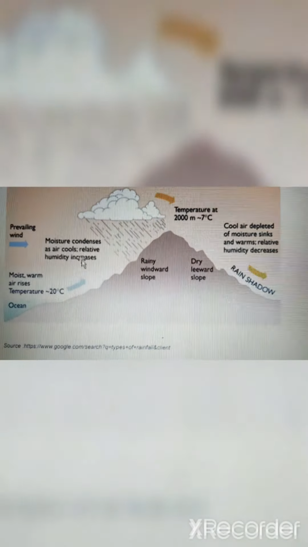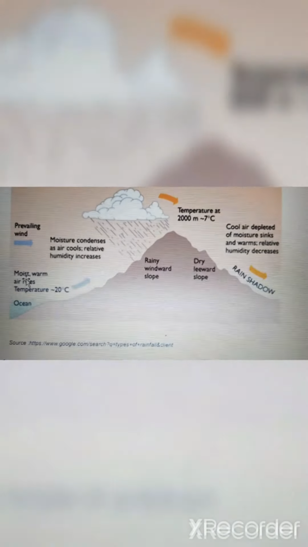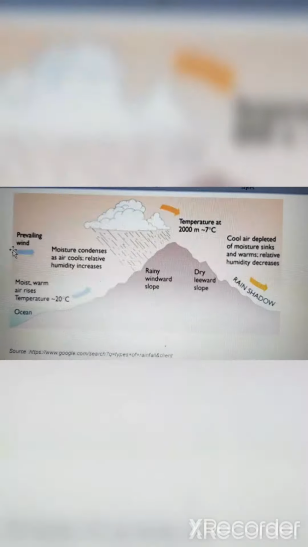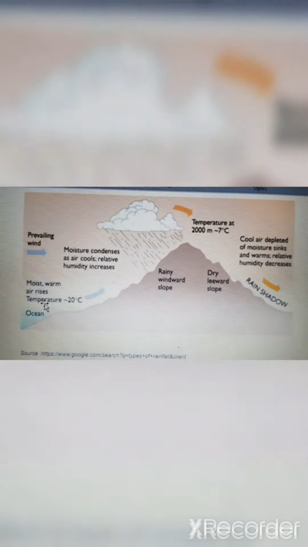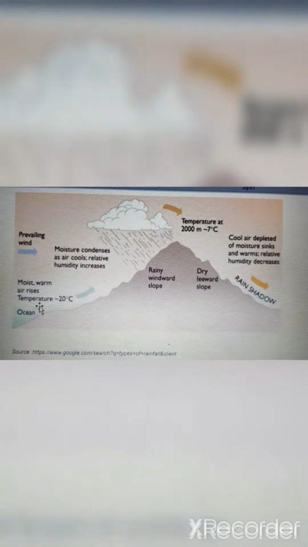This is the picture showing orographic rainfall. You can see this is the direction of the prevailing wind, and there's an ocean there.